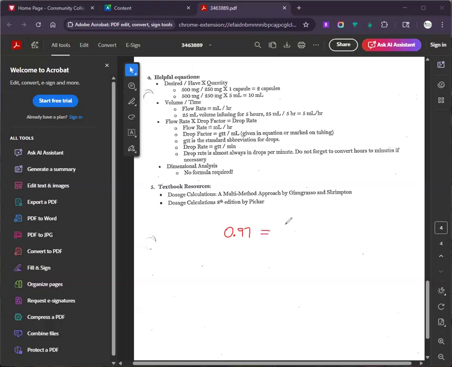Yes, you can round that to 1. So if we're talking about milliliters, if it's 0.9, then leave it at 0.9 because there's nothing telling us to round that number up.